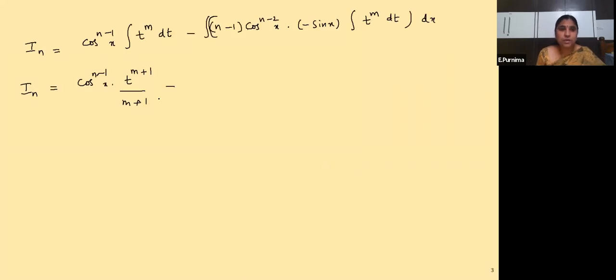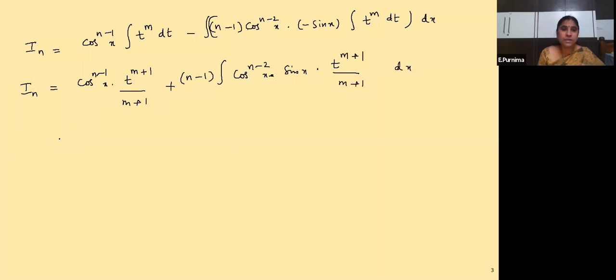So which is t to the power of m plus 1 by m plus 1 minus n minus 1, here minus into minus is plus. The plus comes out here. n minus 1 comes outside into integral cos to the power of n minus 2 x into sin x into sin x, into the integral of t power m, which is nothing but t to the power of m plus 1 by m plus 1, dx.